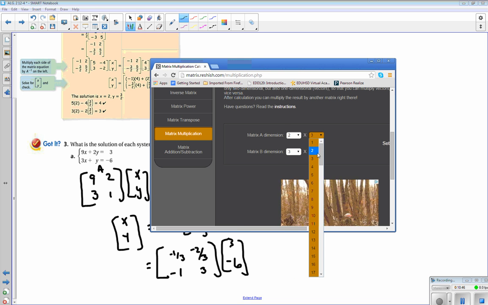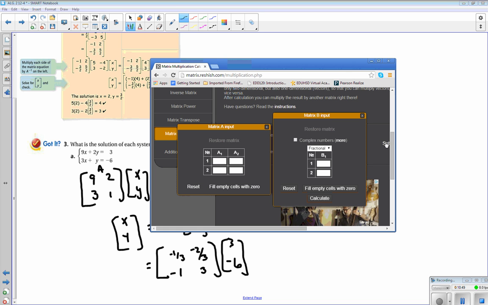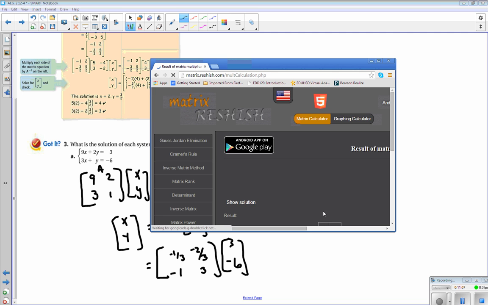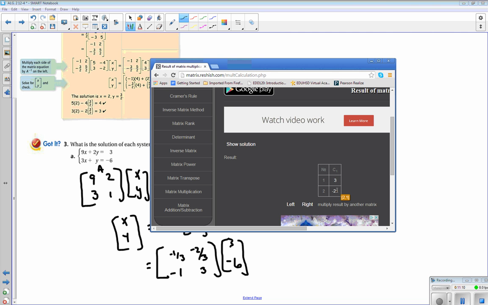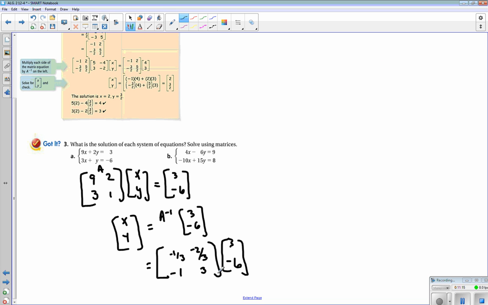I need a 2 by 2 and a 2 by 1. Calculate. So the answer is 3, negative 21. So my x and y are 3 and negative 21.